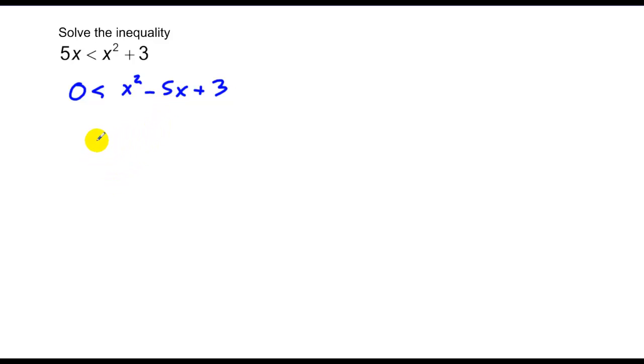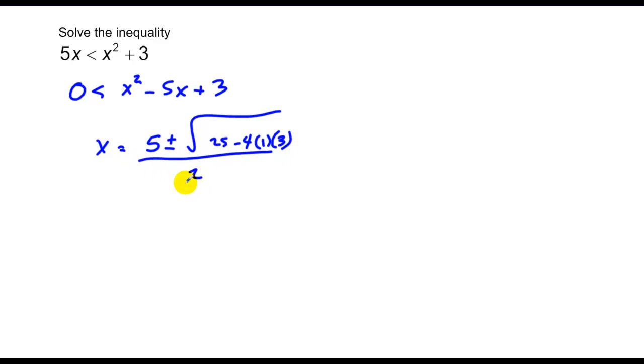I'll say x is equal to, in this case, 5 plus or minus the square root of 25 minus 4 times 1 times 3 all over 2. So I have 5 plus or minus the square root of 13 over 2.